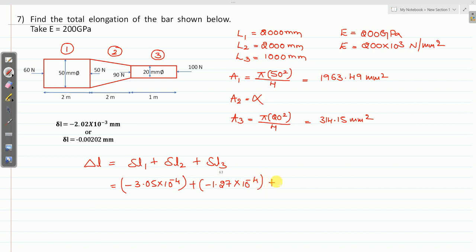Next minus 1.59 into 10 raised to minus 3. So let me find the total elongation.